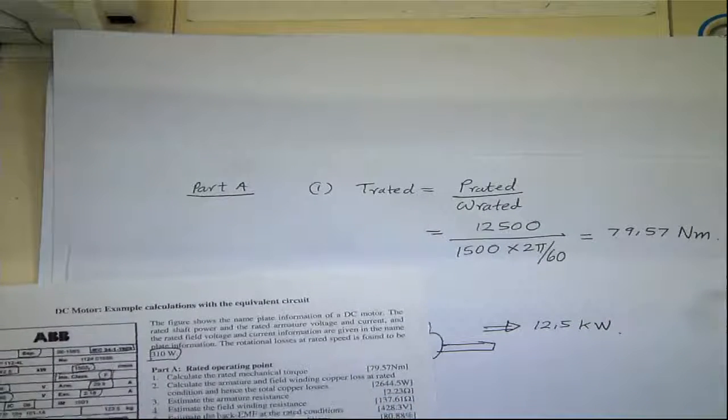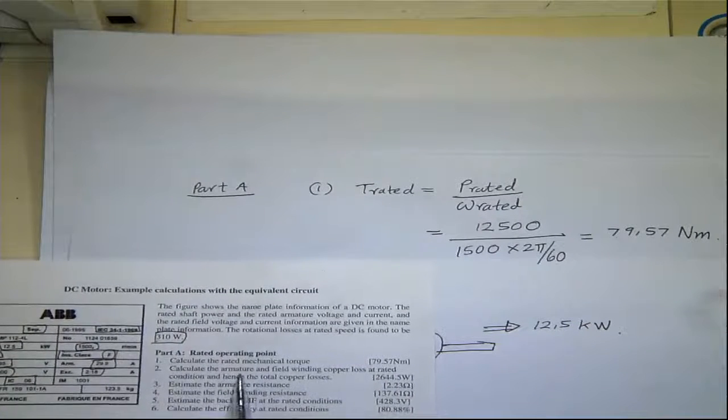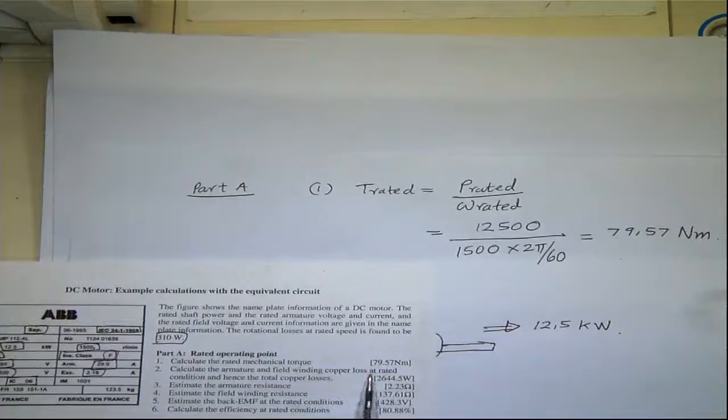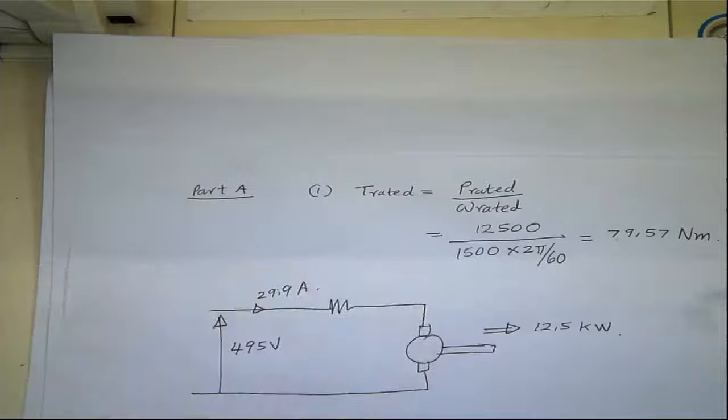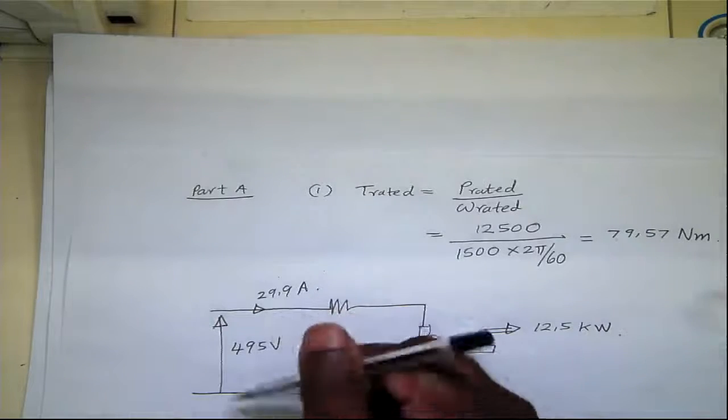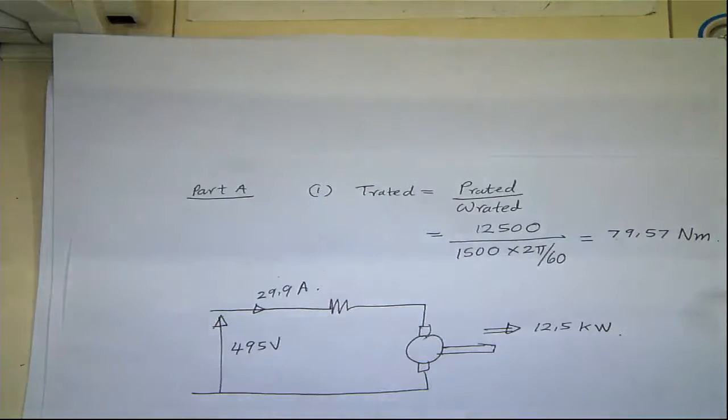The second part says calculate the armature and field winding copper losses at rated conditions and hence the total copper losses. We have the output power from here, that's 12.5, and from this information we can find how much power you need to put into the armature.